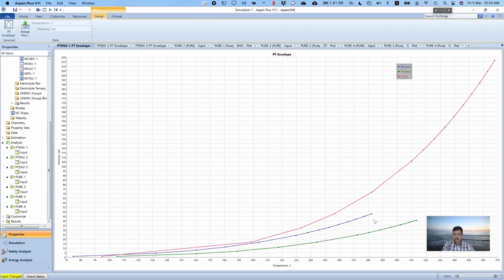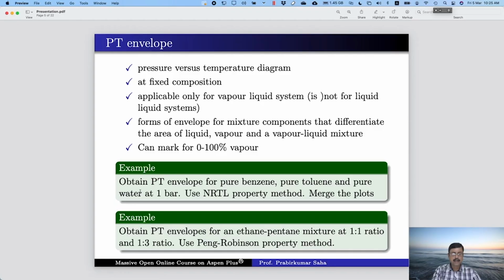The critical temperature and critical pressure of benzene is this one. This is for toluene and this is for water. And the boiling point at 1 atmosphere are also given. This is for water, this is for benzene, and this is for toluene.